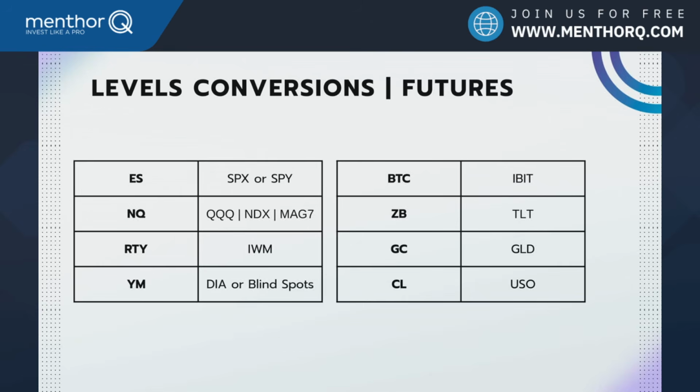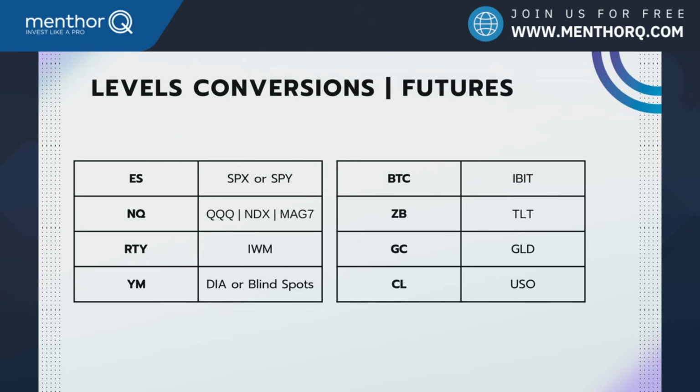Let's say that tomorrow we have earnings, Apple, Amazon. You want to see the Apple levels on NQ because you think that's going to have a big impact. You can also do that. Or NVIDIA, when NVIDIA reports, you could convert NVIDIA gamma levels onto NQ. If you trade Russell, then IWM would be your option.